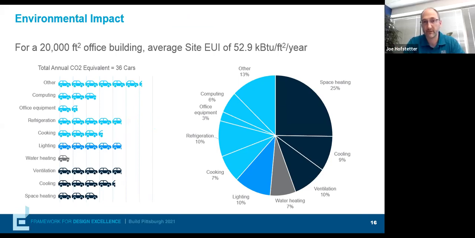I think some real world feedback on the value of this information is we often hear comments from, for example, a healthcare organization where they have a large building stock and a lot of existing buildings already.